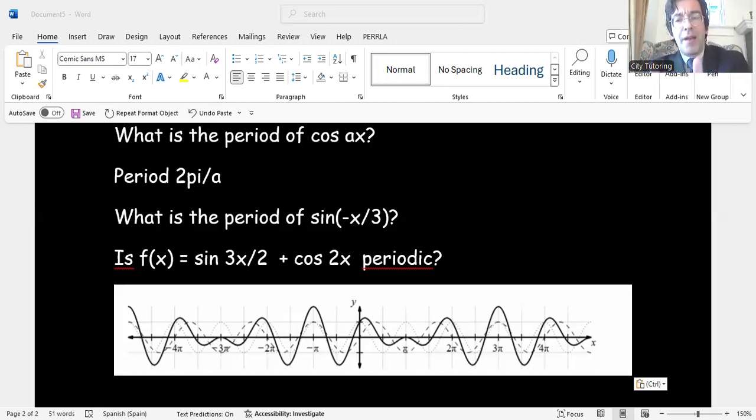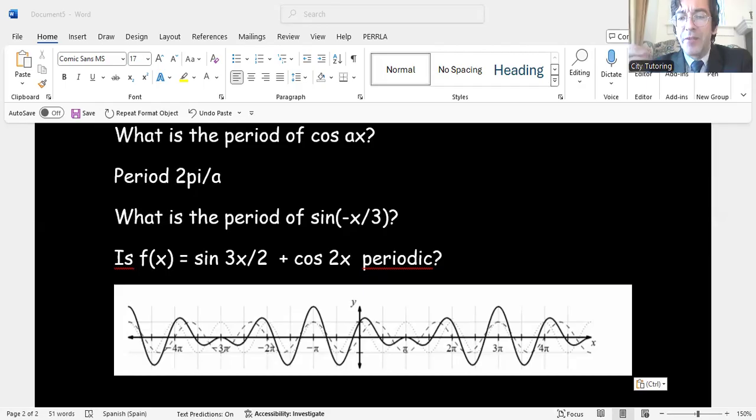Both equal 1 at x equals negative pi. And as x is increasing, the sine of 3x over 2 again equals 1 after it has gone through a full period. So one period of the sine of 3x over 2 has a length.